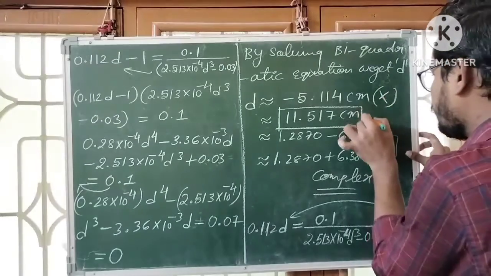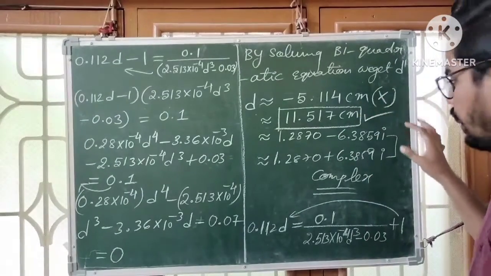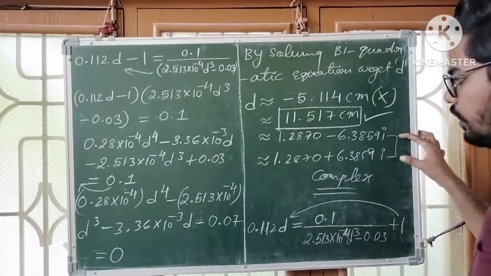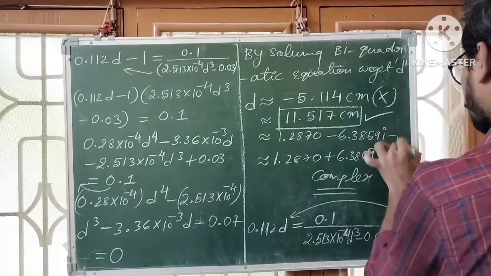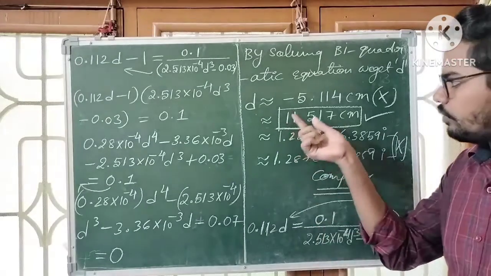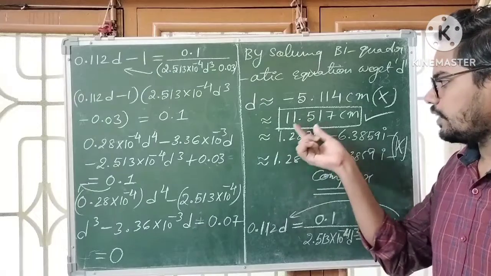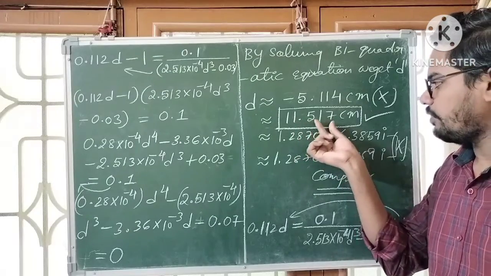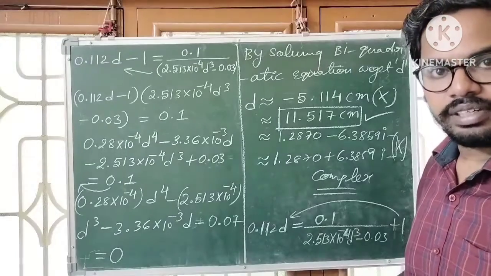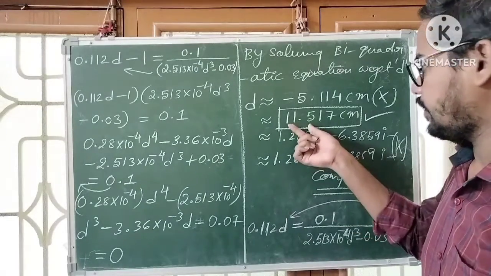This is the diameter of the cylindrical riser. This is my answer. And what about the last 2 solutions? These 2 are complex numbers, so they cannot be our solutions. Therefore, what is the diameter of the cylindrical riser? 11.517 centimeters. Diameter or height, because diameter is equal to height. So this is the final answer.